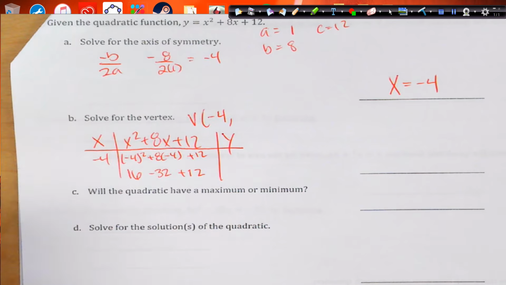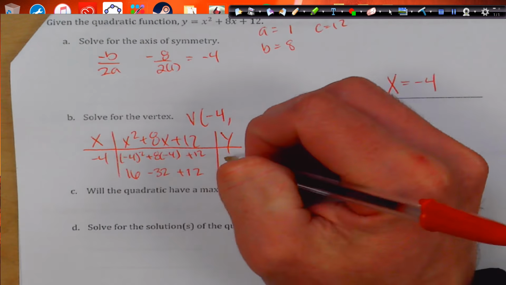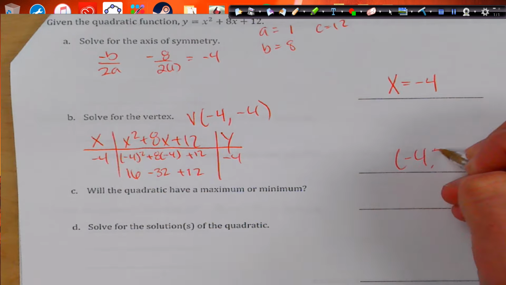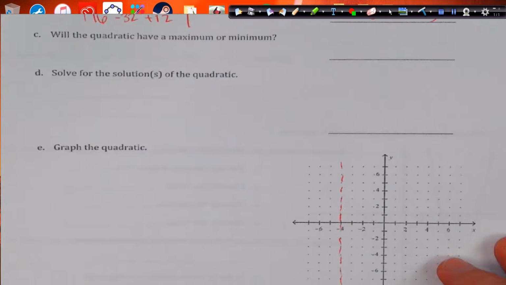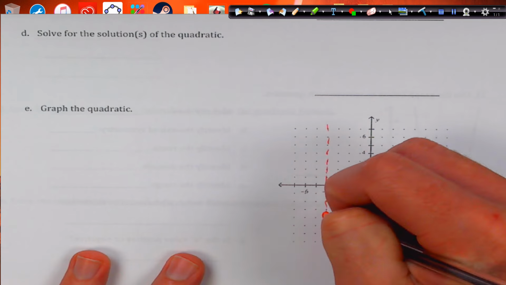And I'm going to double check this using my calculator so I don't make a mistake. And I get -4. So -4, -4 is where my vertex is. So I'm going to go straight down and put my vertex in at -4, -4. There's my vertex.